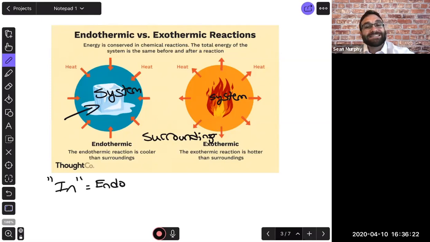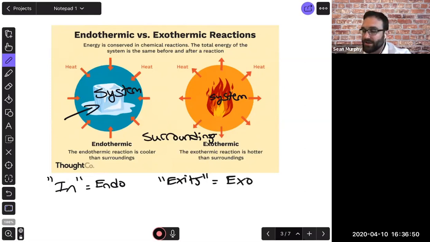When heat is exiting the system, when you stick your finger or a thermometer on the outside of the system, which is the fire, okay, remember this is the outside, the system, you're going to feel a sensation of hot because the heat is exiting. So when the heat exits, okay, we're going to call that exothermic, for exiting.